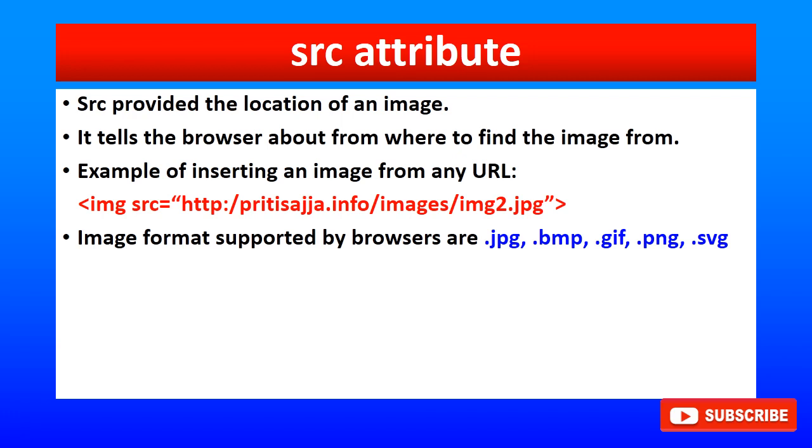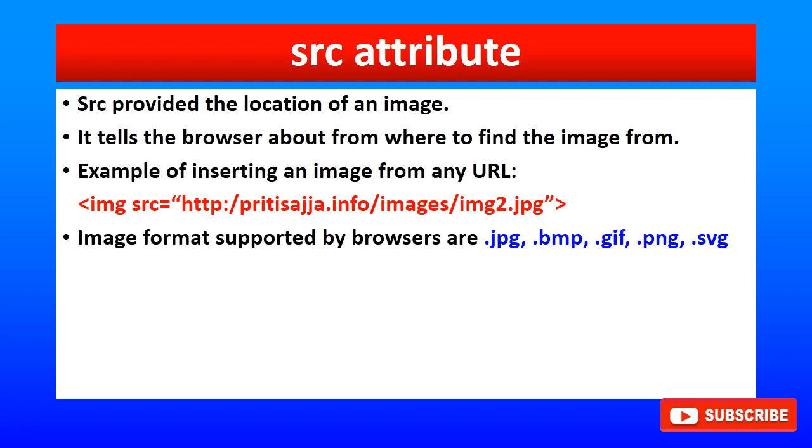The location here refers to the source of the image. It tells the browser where to find the image from. Many times we use a URL as the image location. Without mentioning the source of the image, it is impossible for a browser to find and display an image.